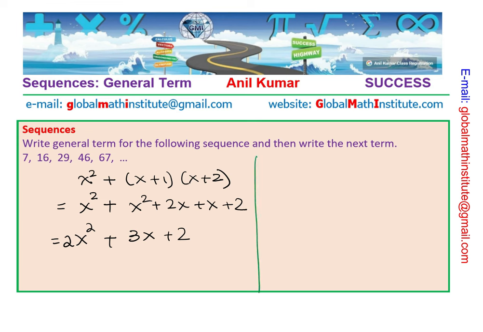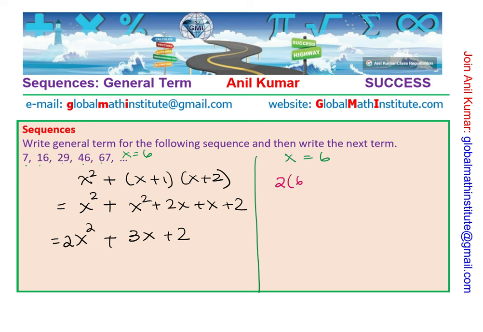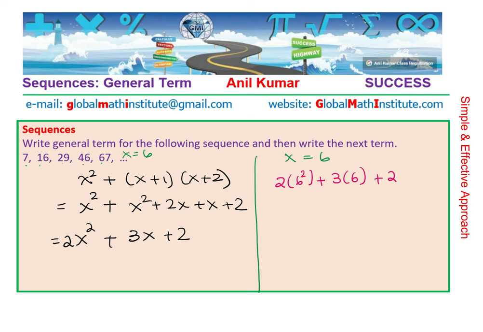Well, if you have this equation, you can find the sixth term. So here, x is equal to 6. We have to find what happens when x equals 6. In that case, we get our solution: 2 times 6 squared plus 3 times 6 plus 2. 2 times 36, which is 72, plus 18 plus 2, which is 92. 18 plus 2 is 20.